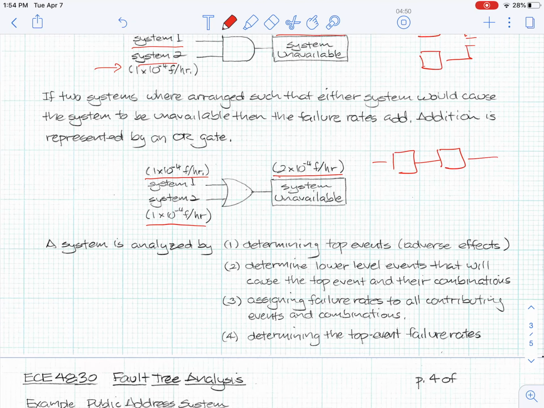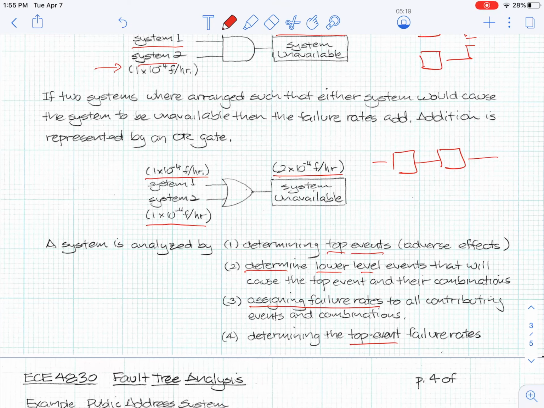Now, using fault tree analysis, the system is analyzed by determining top events, things that I want to happen rarely, and then I determine the lower level events that cause that top event and all their combinations, and I assign failure rates to all contributing events and combinations, and then I determine the top event failure rates.